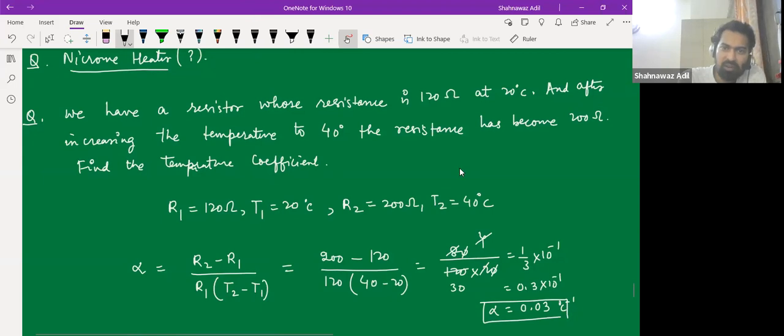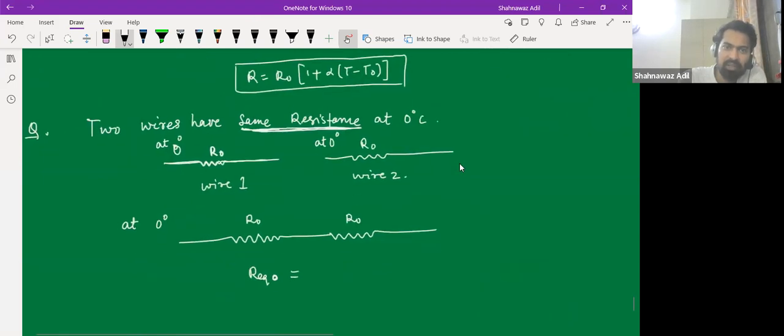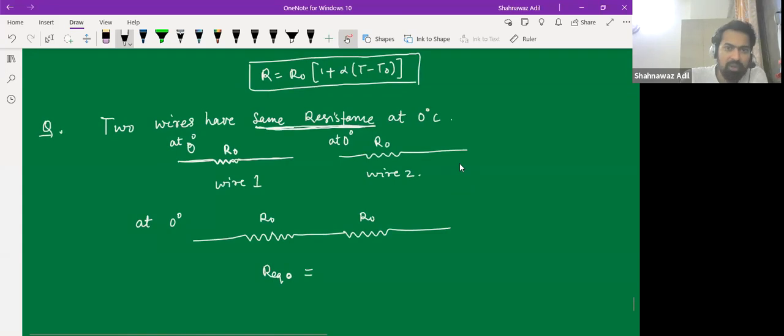Okay, now we are doing a problem in which there are two wires which have the same resistance at 0 degree. So the first one has a resistance R naught, and the other one has the same resistance, R naught again, and I am connecting them in series at 0 degree.